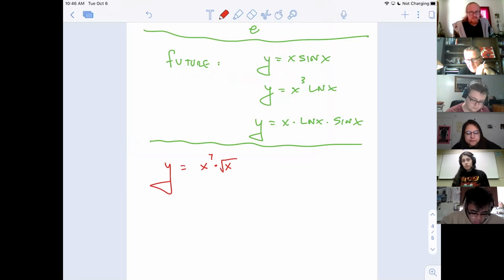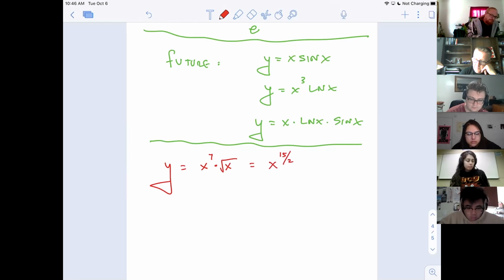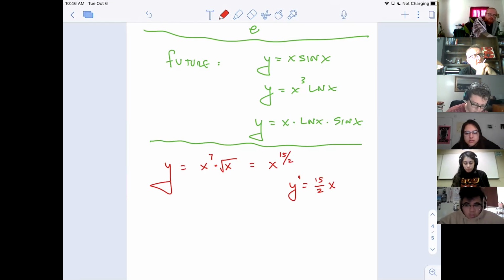And since you add them, that'd be x to the 7.5 or x to the 15/2. And so its derivative then apparently would be 15/2 times x to what power? Can you do this? 13/2. Yeah. 15/2 minus 1 would be 15/2 minus 2/2, which would be 13/2. Apparently, this is the right answer.